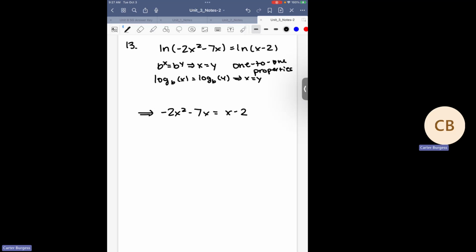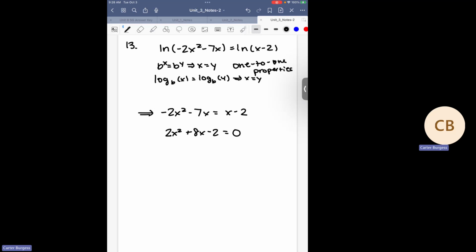We are now solving a quadratic. I'm going to move all my stuff to one side, offset from 0. I'm going to try and make it so that my leading coefficient is positive. So adding 2x squared, adding 7x, I get that 2x squared plus 8x minus 2 is equal to 0.